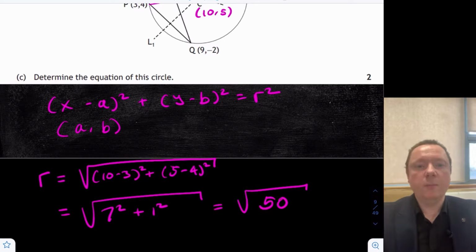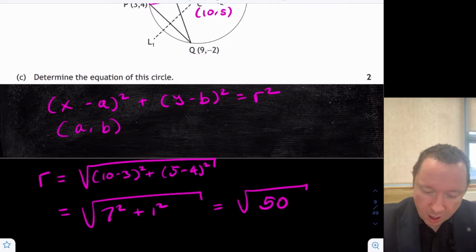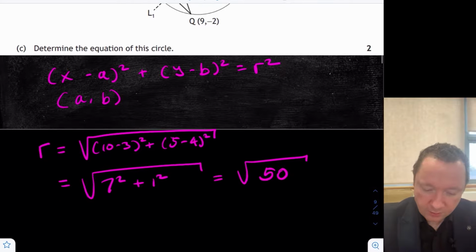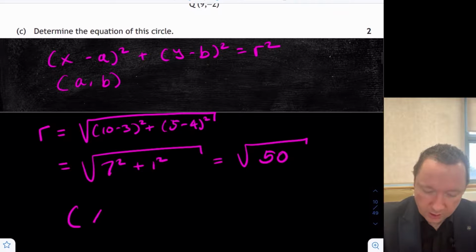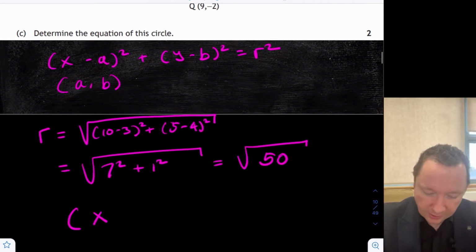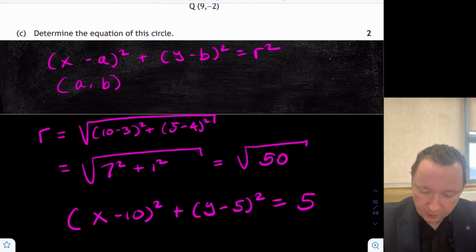Now, we would simplify that normally, but we're going to square it back up anyway because we need r squared. So now it's very simple. The equation of our circle is just (x minus 10) squared plus (y minus 5) squared equals 50, r squared.